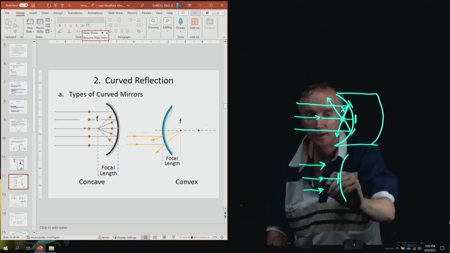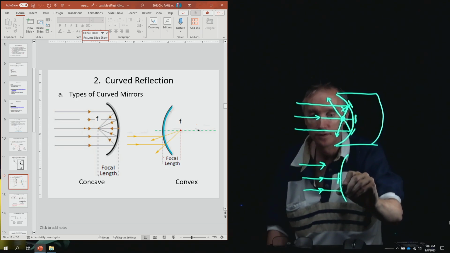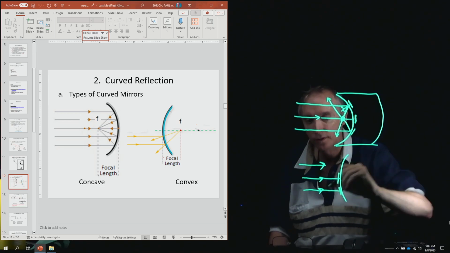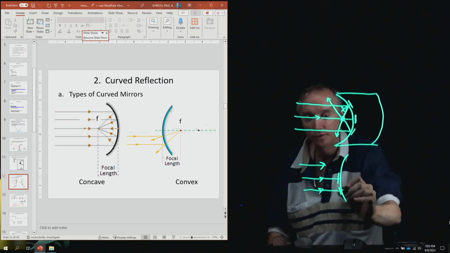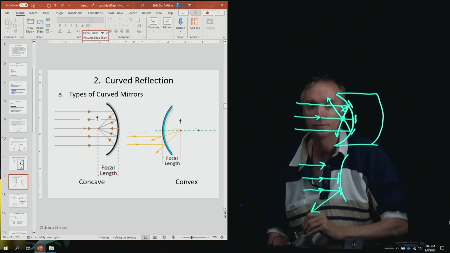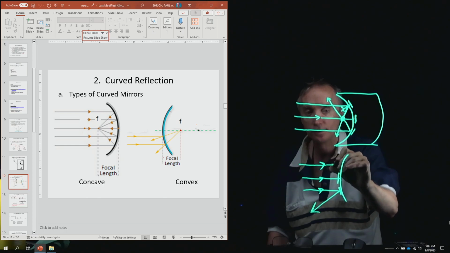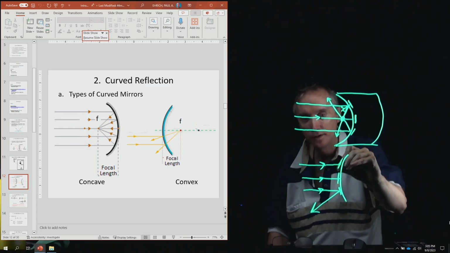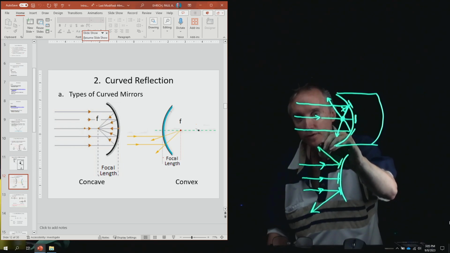Okay, and then light coming in over here. Now we need to make a flat mirror like this, and now the light is going to ricochet off in that direction. And then the light that's coming in like this, we need to make another flat mirror parallel to this curved mirror, and then it's going to ricochet off in this direction.